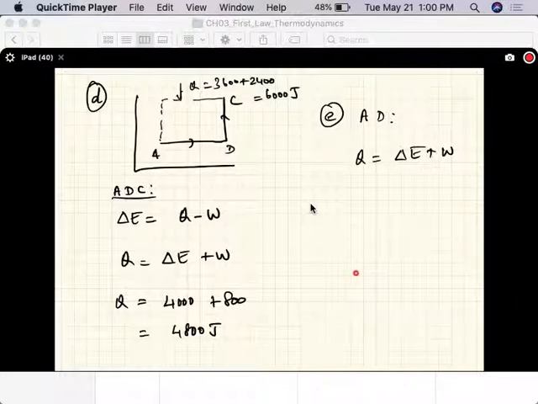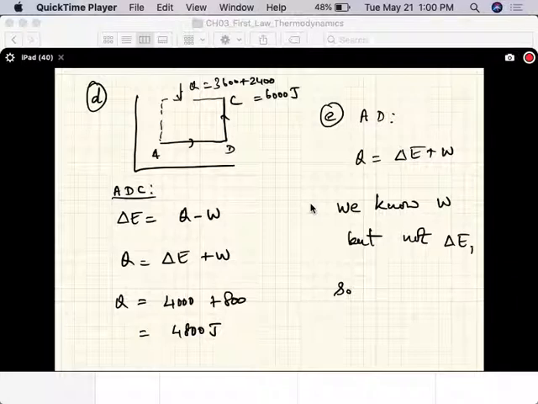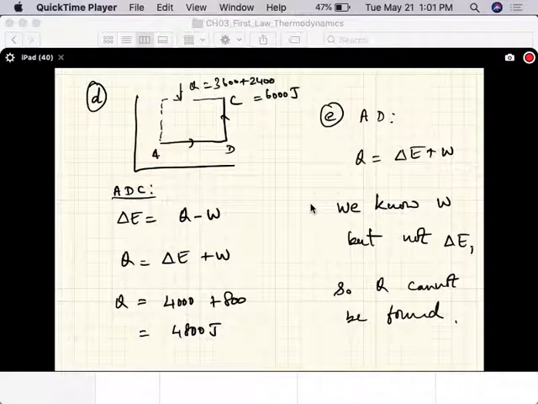So we know W, but not delta E, so Q cannot be found, for just the process AD. All right, so this is using the first law. Any questions on that?